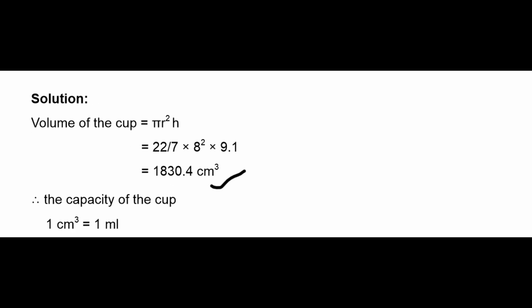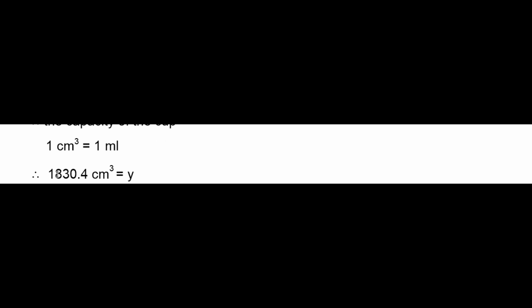Let's find the capacity of the cup. We know that 1 cm cube equals 1 milliliter. We found 1830.4 cm cube to be the volume of the cup. So let's find the capacity, which is what?